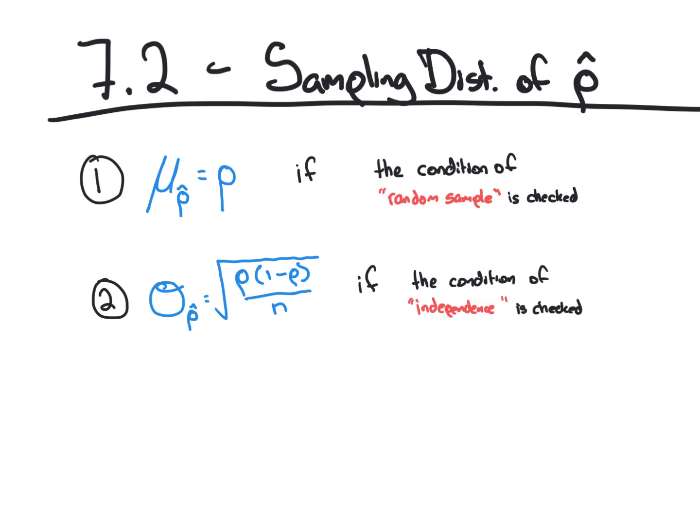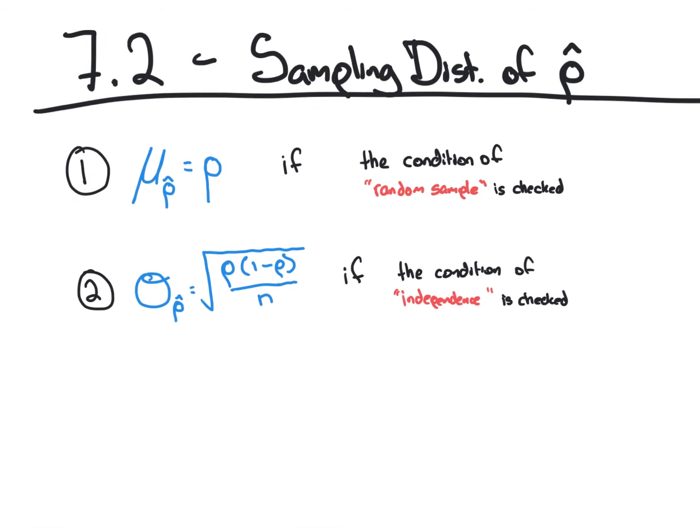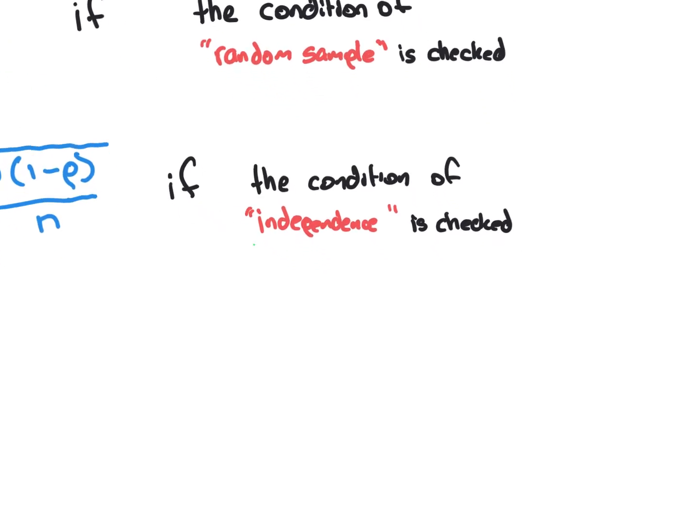Let me tell you a problem here. The problem is most of the time, the independence check is violated. Now, what do I mean by that? Think about a deck of cards. If I were drawing cards out of a deck of cards and I do not replace the card, then every time I pull another card, it is dependent on the card that I pulled first.